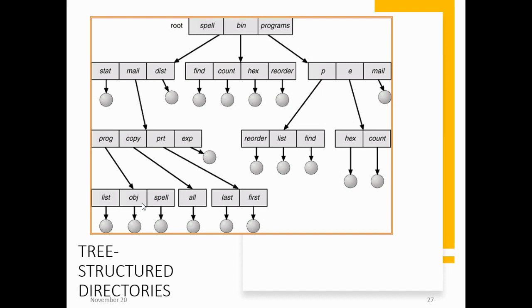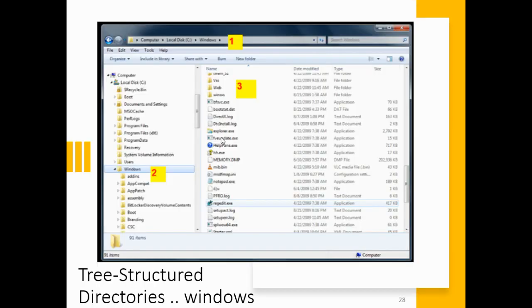You can have a directory inside a directory and a folder inside a folder, and it's all connected. You can have multiple file names in different locations. The same file name in different locations is also possible in this tree structure.